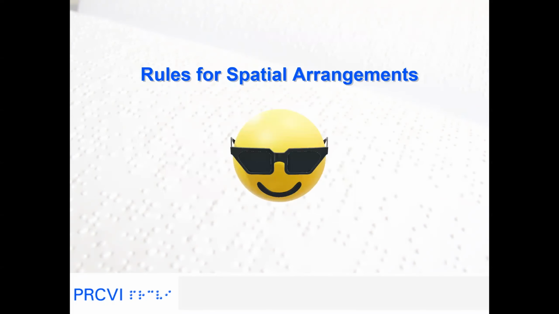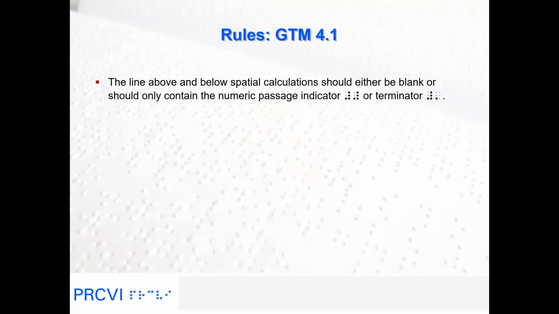Let's look at the rules for spatial arrangement. You can find these rules in section 4.1 of the UEB Guidelines for Technical Material. The line above and below spatial calculation should either be blank or should only contain the numeric passage indicator or terminator. Align numeric indicators vertically.